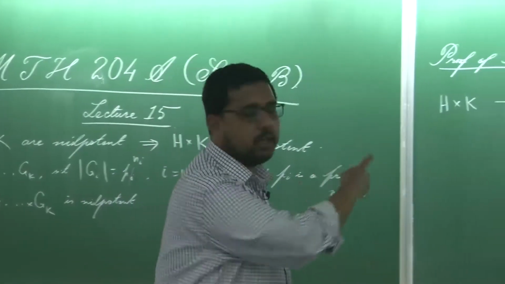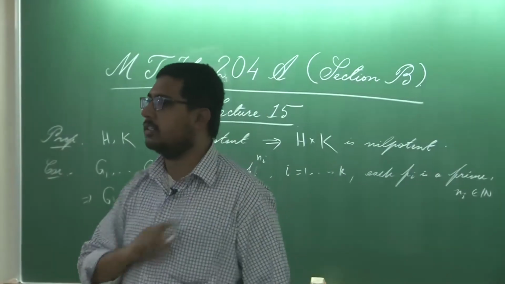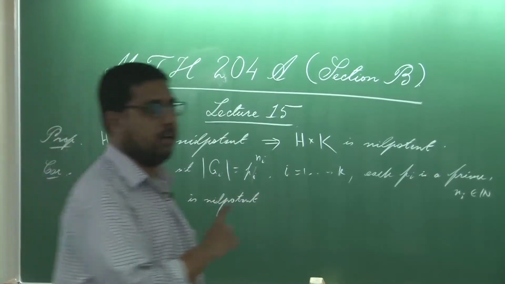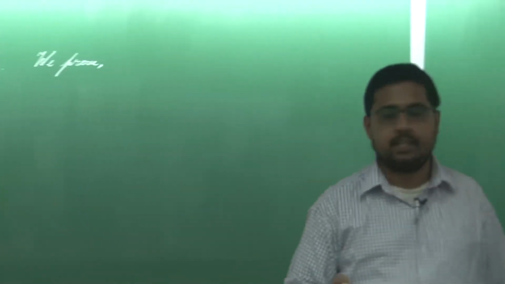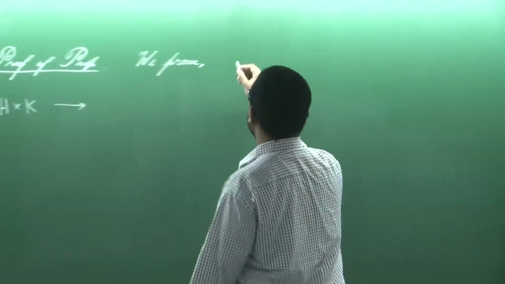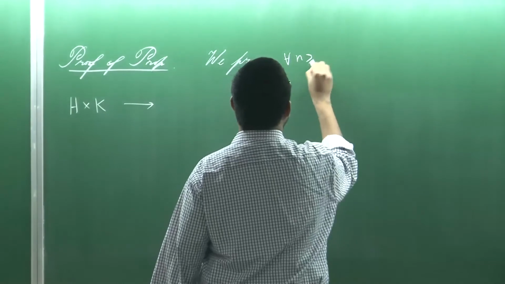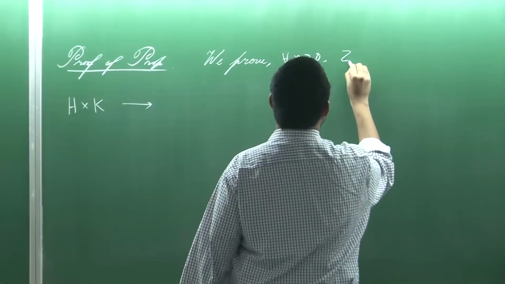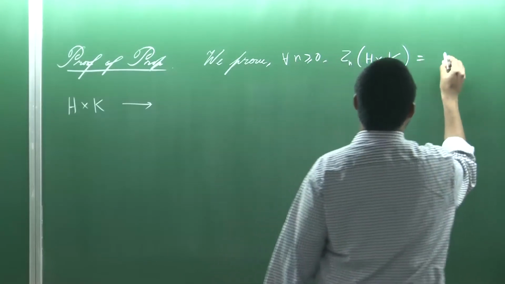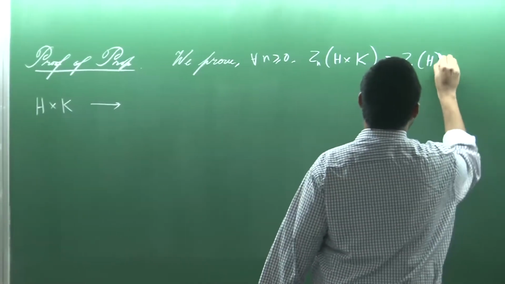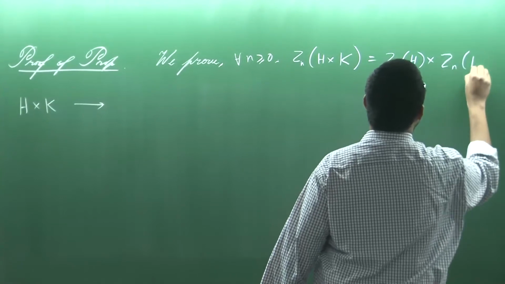Now what about the center of this direct product? It's easy to see it is the direct product of the centers. So basically we are going to establish in generality that for every n greater or equal to 0, Zn of H cross K is Zn H cross Zn K.